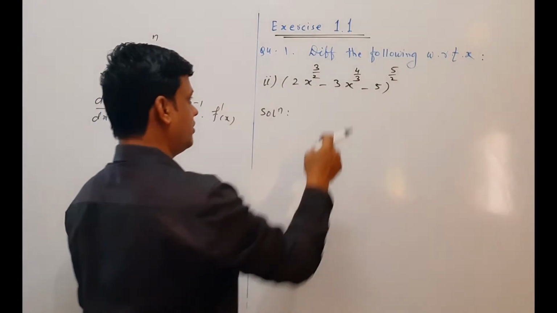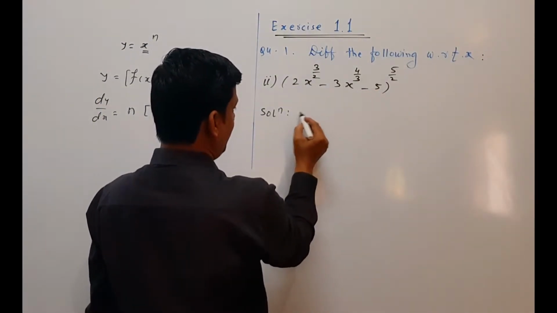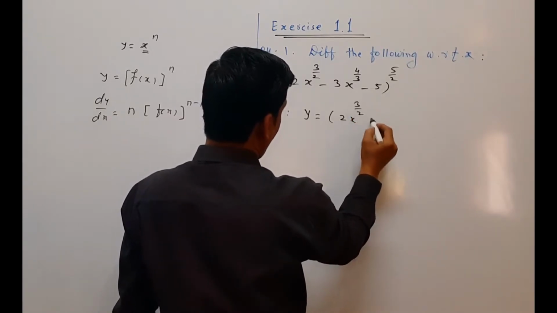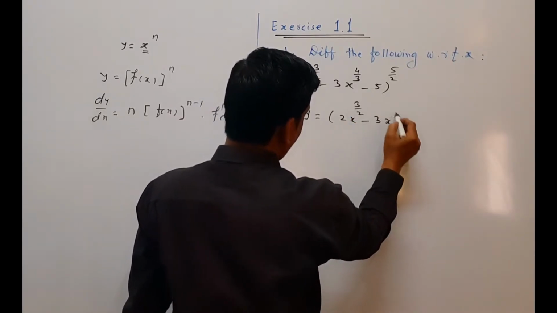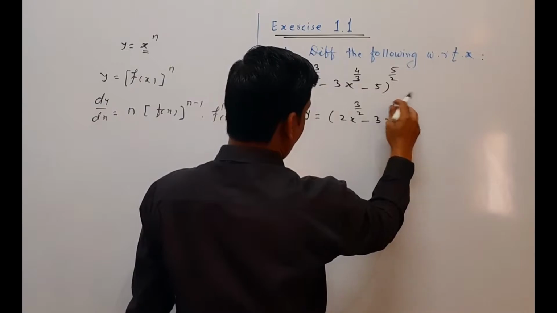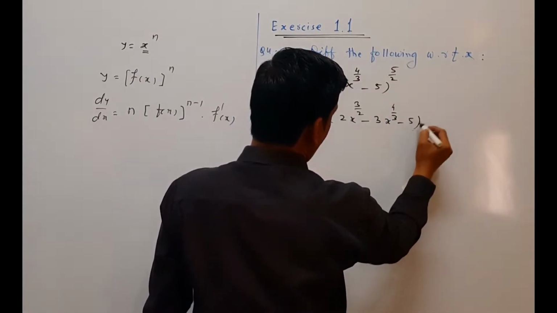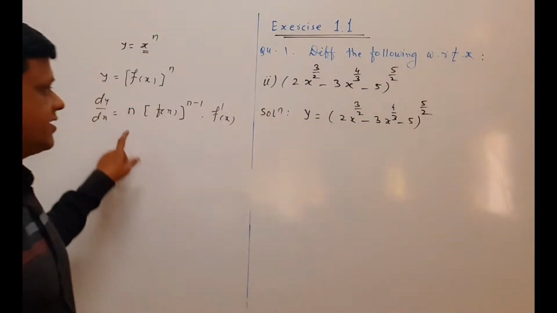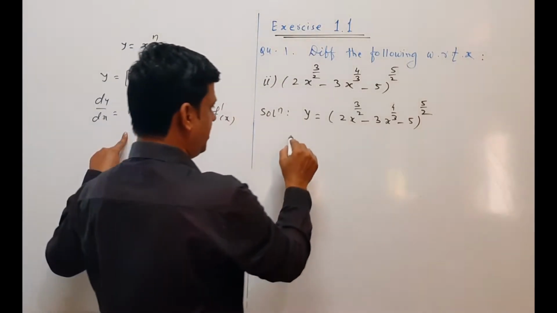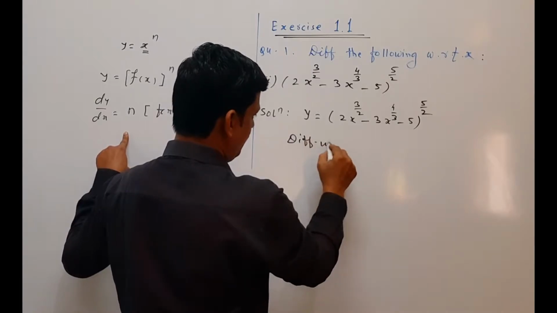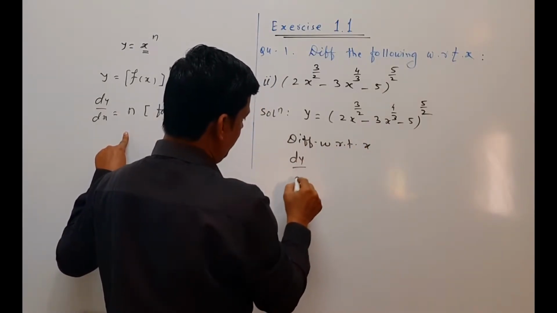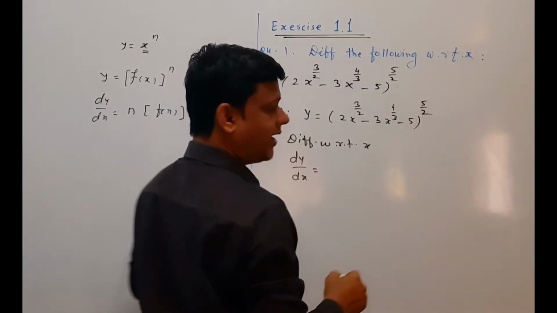So first we denote this given part as y. So y equals (2x raised to the power 3 by 2 minus 3x raised to the power 4 by 3 minus 5) raised to the power 5 by 2. So we apply this rule. So we write here differentiate with respect to x. So the derivative of y with respect to x is dy by dx.